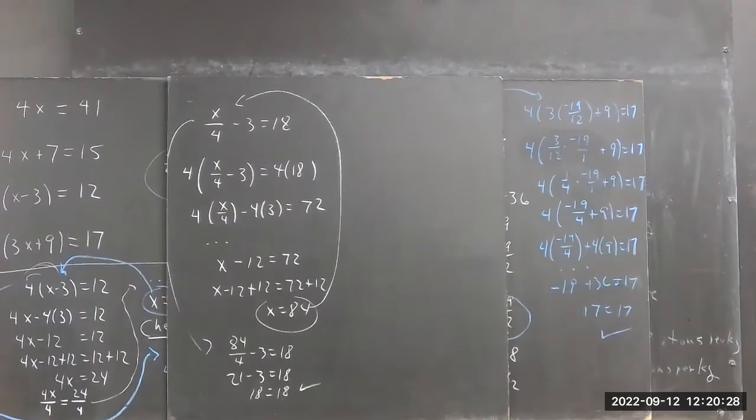You might have been taught to double underline when you check. That's fine. Just circle it. As long as I know you understand that you checked it and it's correct, then everybody's happy.